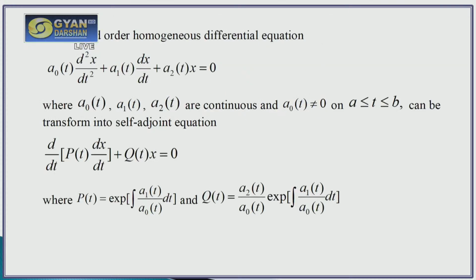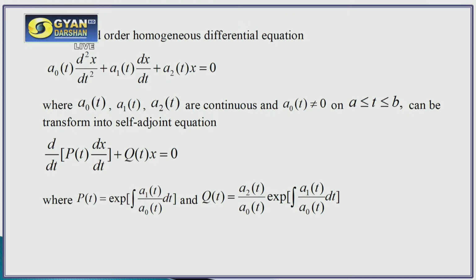Now let's see a theorem related to this. For any second order homogeneous differential equation where the coefficients satisfy these conditions, we can write the given equation in the form of a self-adjoint equation. Basically this theorem states that any given second order linear homogeneous differential equation can be transformed into a self-adjoint equation if we apply proper transformations.